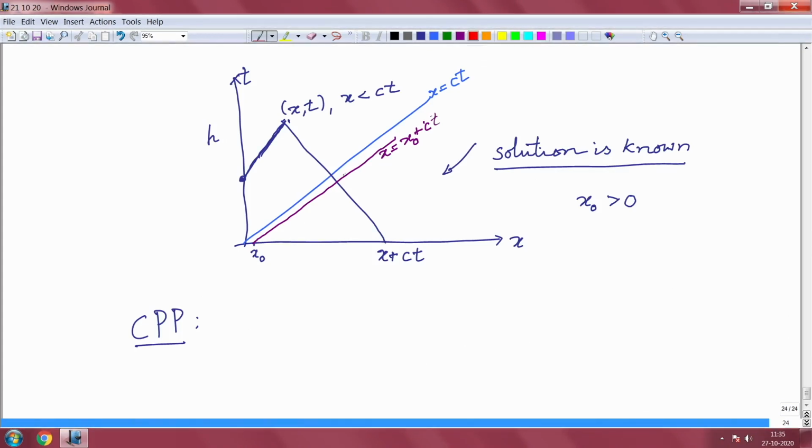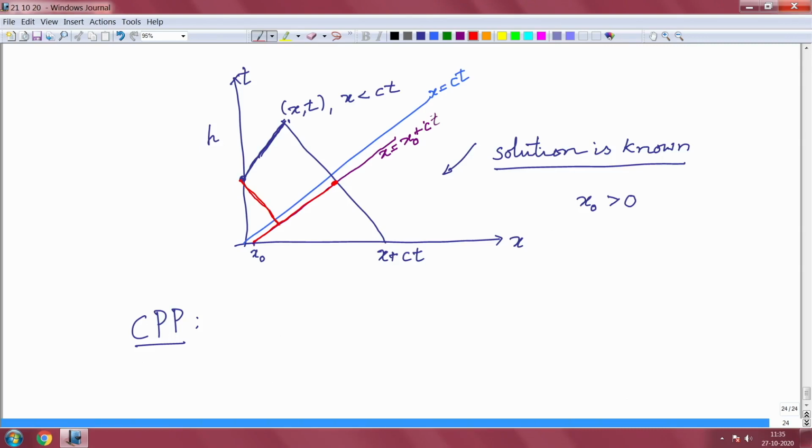Now there is a third side, and we know the value here, because that is in the region where the solution is known. So, we need one more point. Just draw a characteristic parallel to this. So, this is one characteristic and this is another.